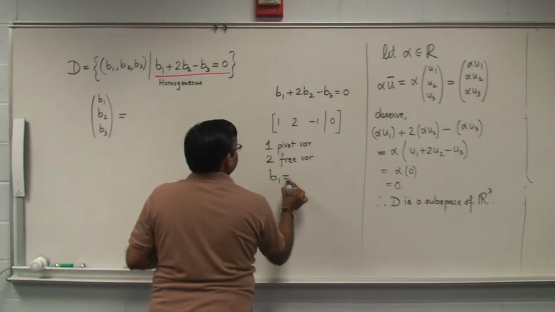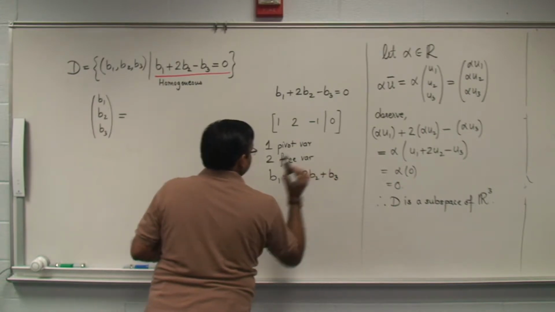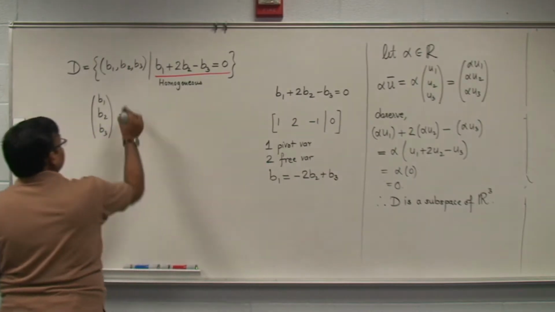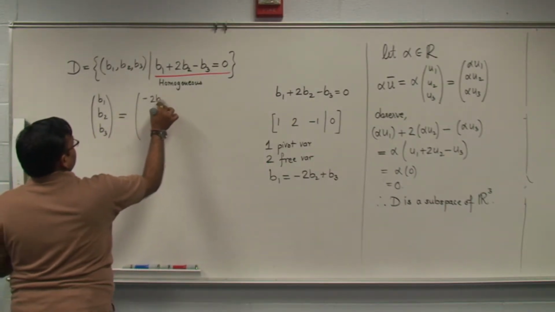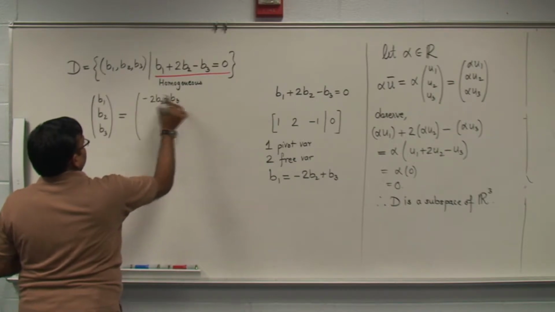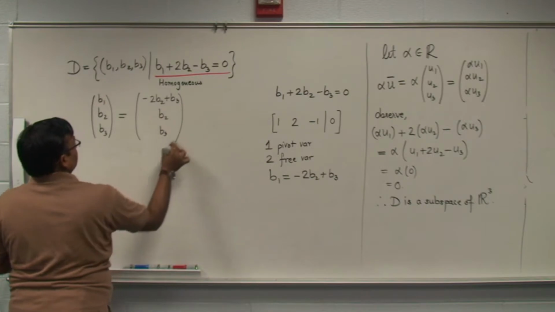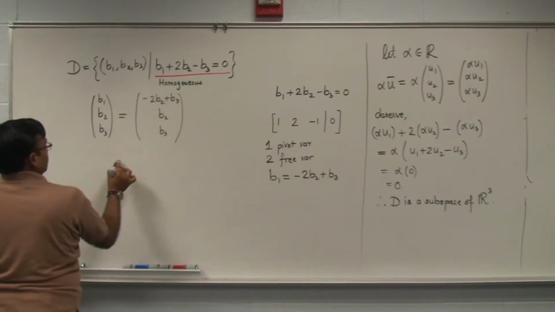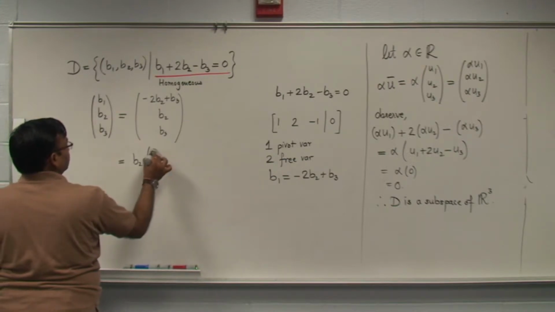So we can say b1 is minus 2b2 plus b3. Okay, so far so good. So let's see. Can we write it as minus 2b2 plus b3, this is b2 and this is b3? Can I split it and sort of write it in this manner?